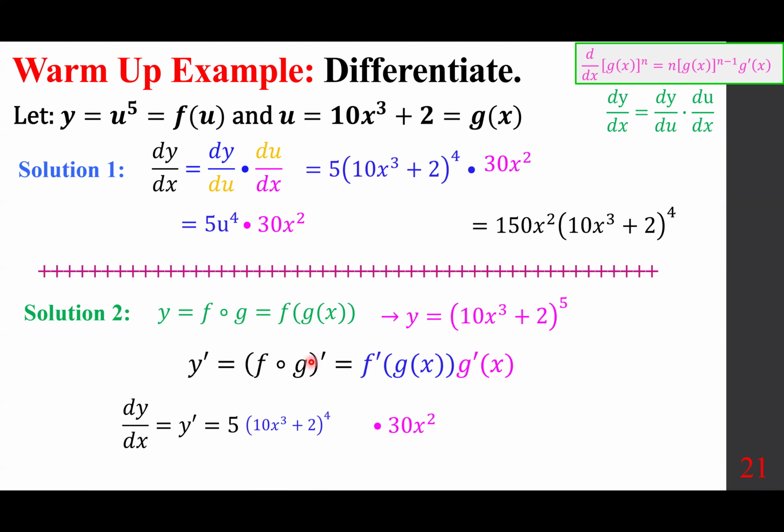And you put these two together and you get 150x squared times 10x cubed plus 2 to the power of 4, which is identical to what we have here.